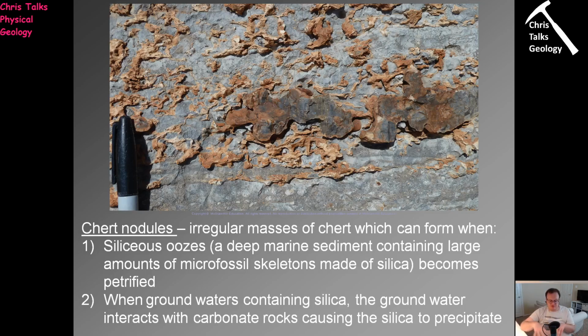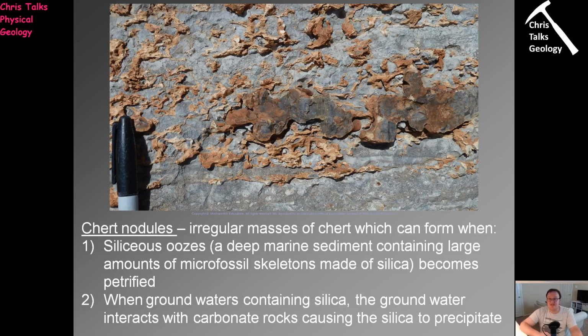And that way of splitting them up was completely pointless, because it depended on the view of the person doing the splitting up. If they thought that bit looked light, they called it chert. If they thought that bit looked dark, they would call it flint. It was a pretty useless system. So now what we've done is we've decided that flint is a completely silly term, and it's just all chert.